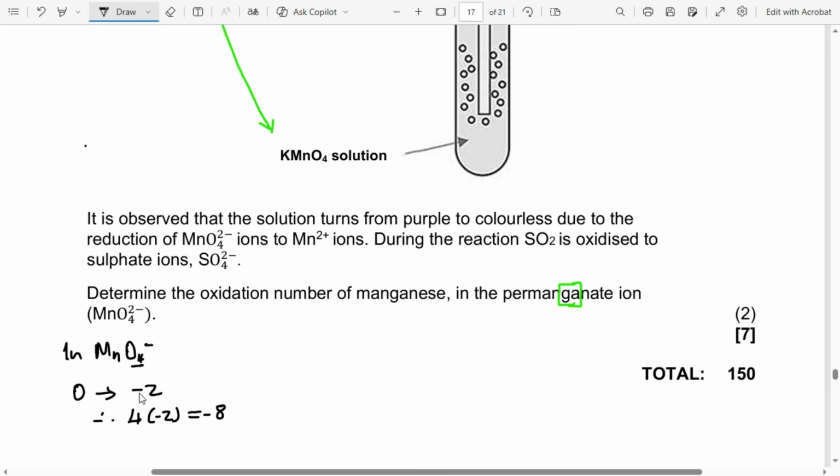Guys, if you don't understand where the minus 2 is coming from, these are the laws of oxidation numbers. Oxygen will always have minus 2 in that one, okay? And this is minus 8.